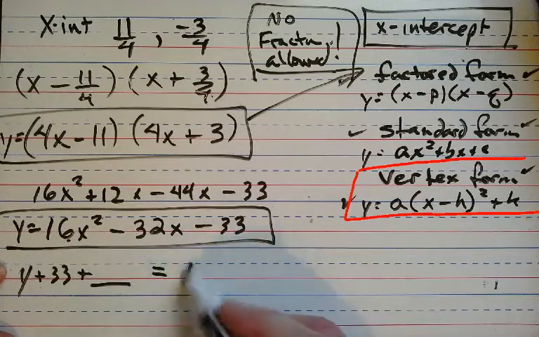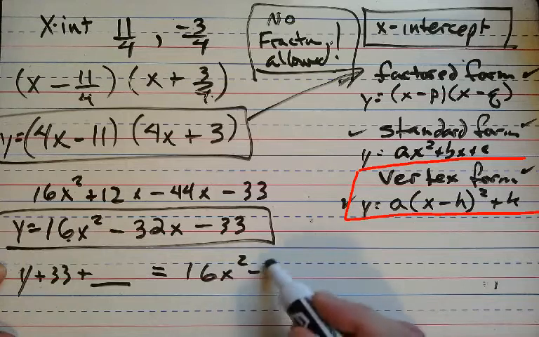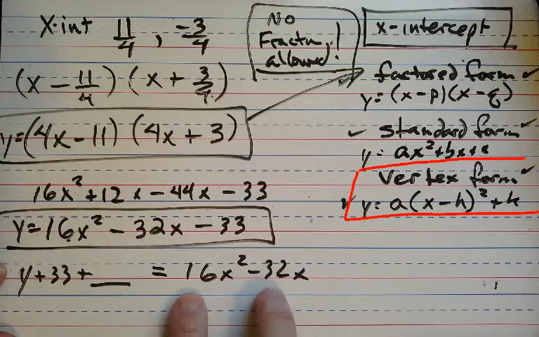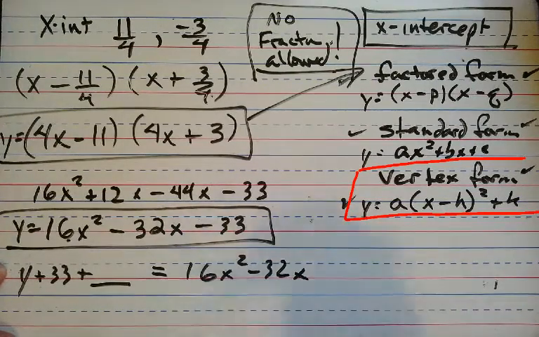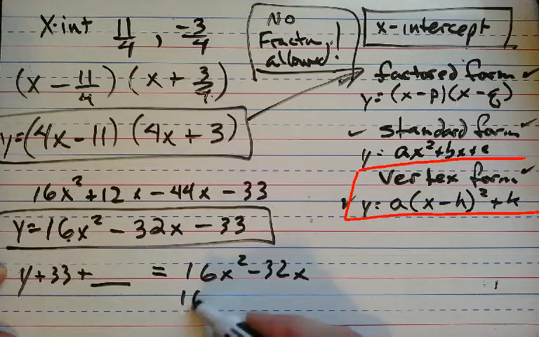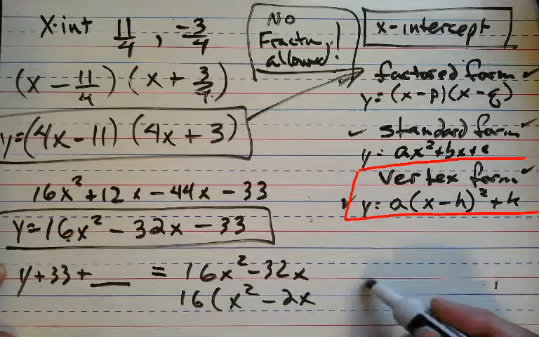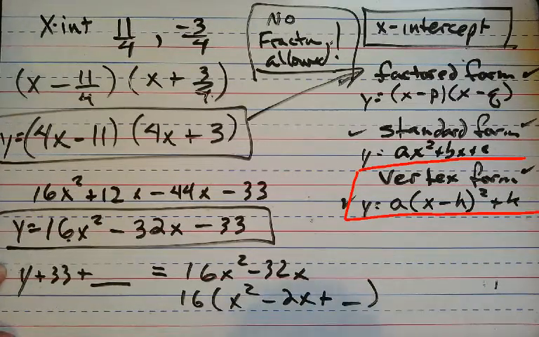And then we have 16x squared minus 32x. Remember the step? It was last week, but you ought to remember the step. You have to divide by the leading coefficient. So 16's outside, and that's inside. Right?